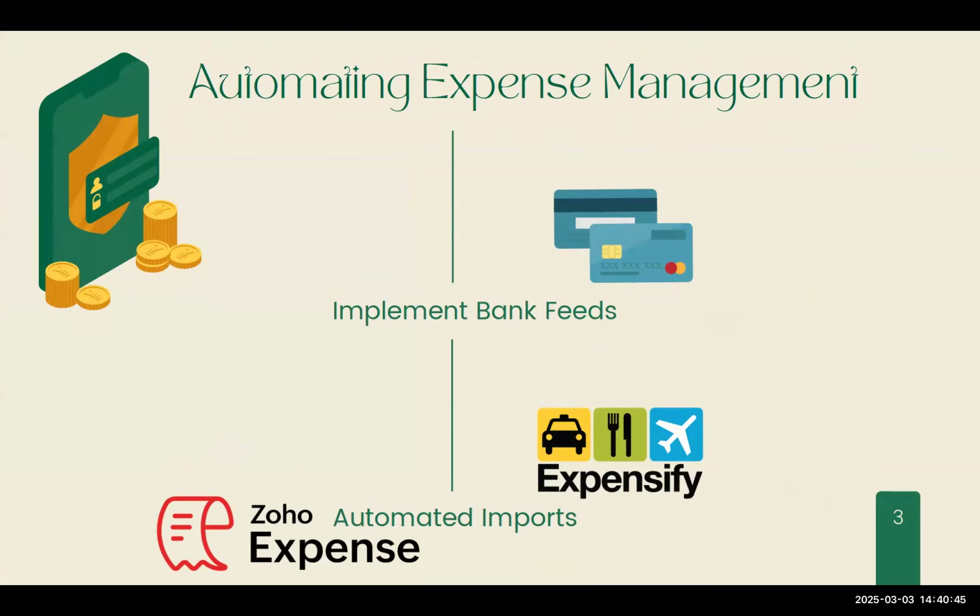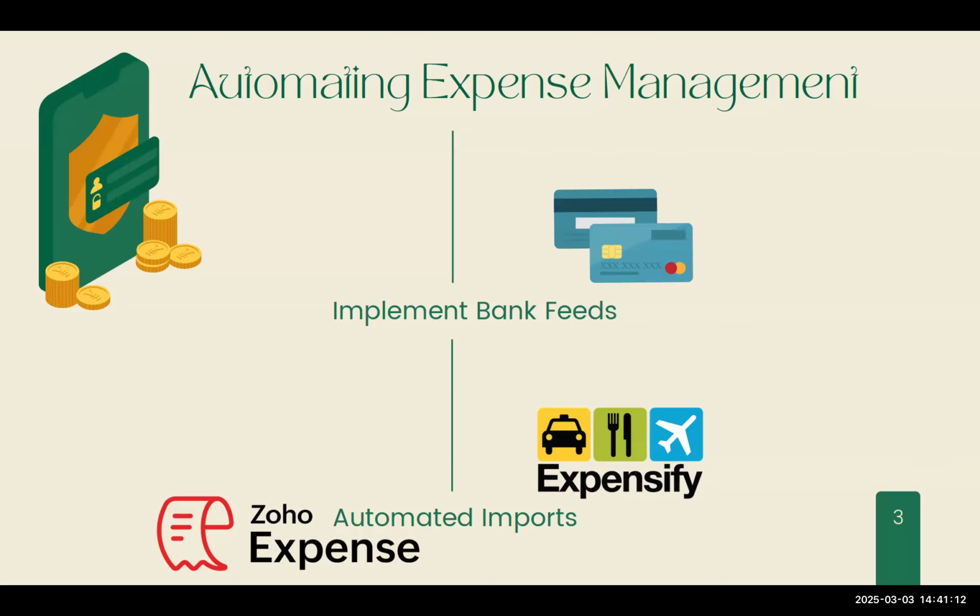By linking bank accounts and credit cards directly to QuickBooks, transactions can be automatically imported, significantly reducing manual entry and error. Additionally, setting up transaction rules ensures that expenses are categorized correctly by vendor or amount, further streamlining financial tracking.